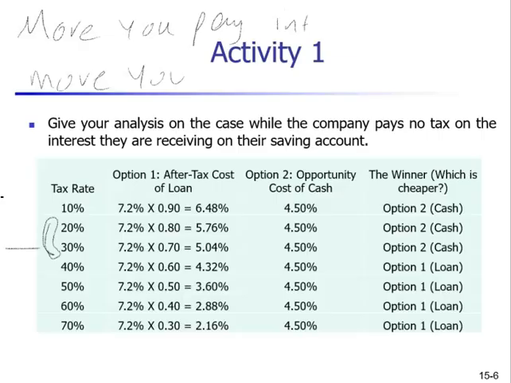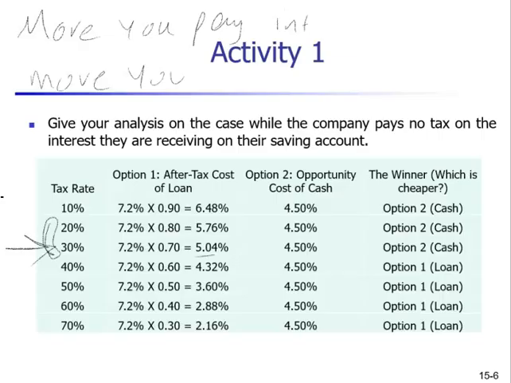But if we go for this, you are gonna pay 5.04%, and for this one, even if they didn't charge you on tax for the interest you are receiving, because it's the income you are getting, for example, from a certificate of deposit, still you are paying more.